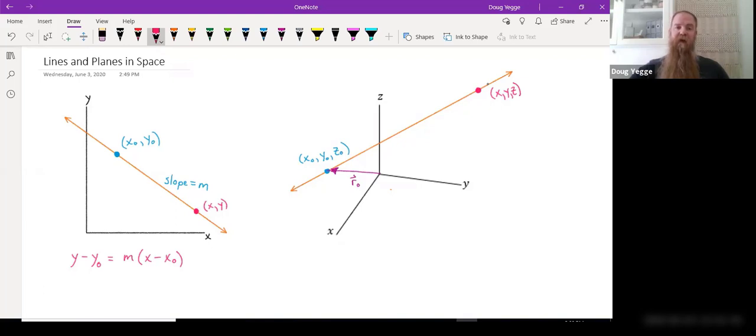So what we're going to do instead is we're going to look at this in terms of a vector that's parallel to the line. Well, let's start off by demonstrating that this is also going to form a vector.